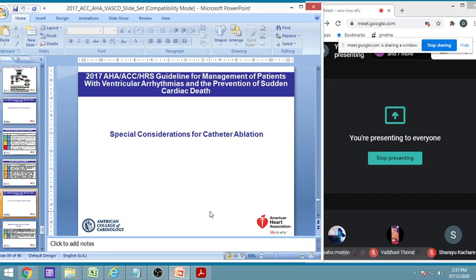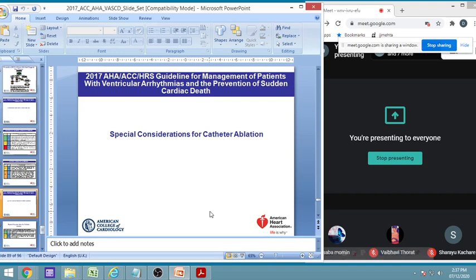Then there are special considerations for catheter ablation. In certain cases we can go for catheter ablation. I repeat what catheter ablation is. We put the catheter just like in angiography or angioplasty, where the catheter reaches that particular area.